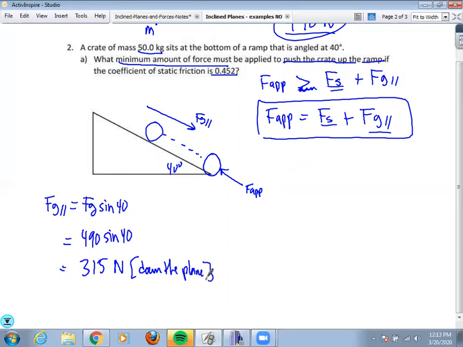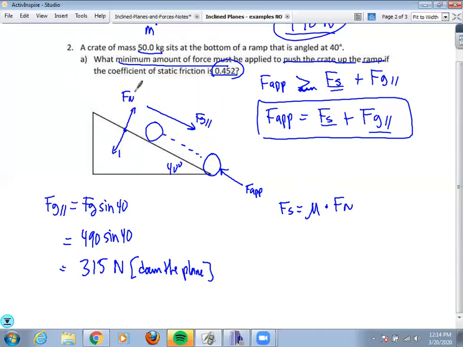Now, friction. Force of static friction equals mu, the coefficient, the stickiness factor, which is 0.452, times Fn. We don't know Fn, okay? But if you remember, Fn is equal and opposite.